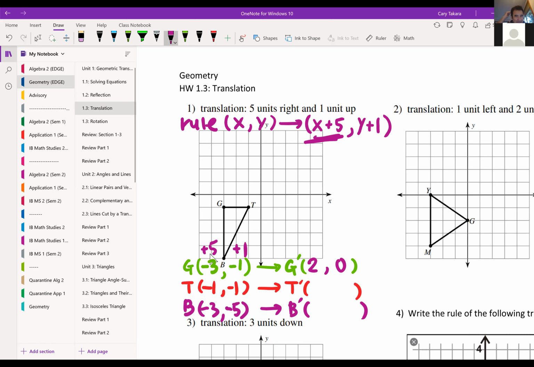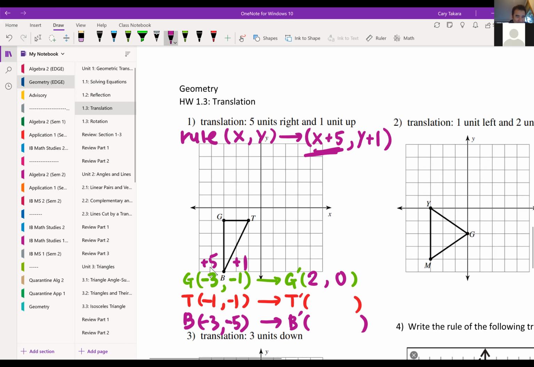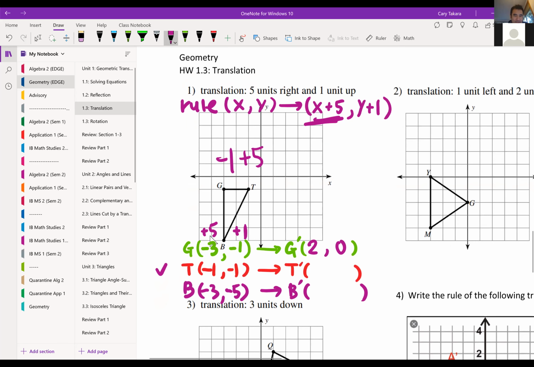You're just going to do the same thing for T, negative 1, negative 1. Negative 1 plus 5 will be 4. Negative 1 plus 1 is, again, 0.